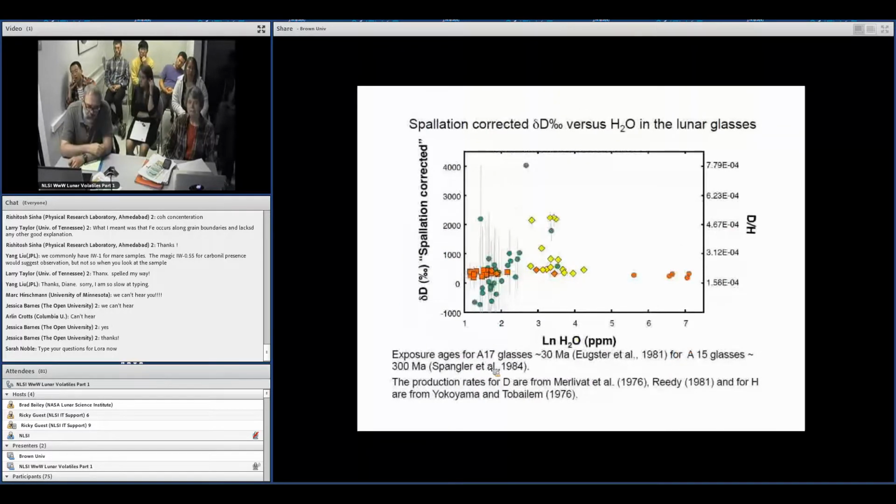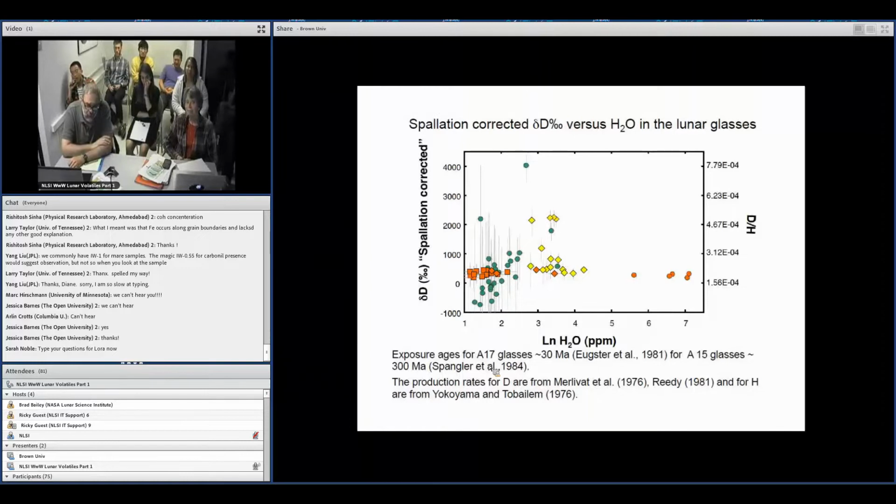So when we use D/H, the D/H is not only a source indicator, but also a process indicator. To backtrack all the processes to come up with the original D/H, we need to consider what processes could affect it. One of the most important processes is spallation. Here is the same data corrected, and you can see that a lot of the inverse correlation between D/H and the water content now disappears or is decreased.